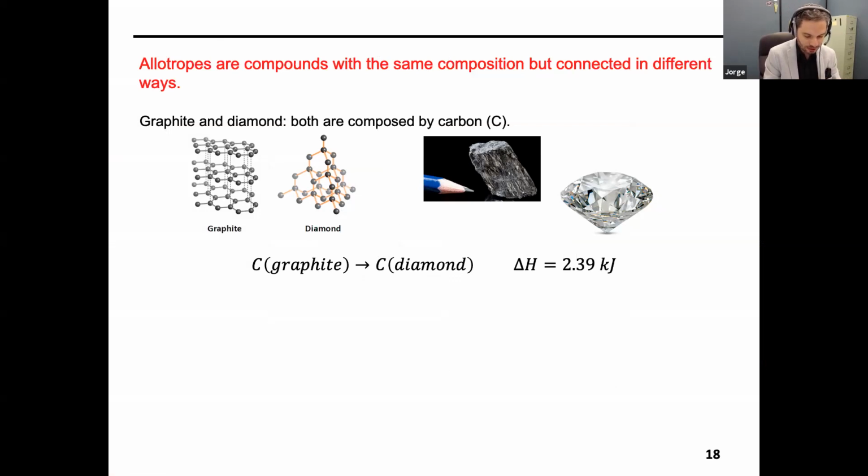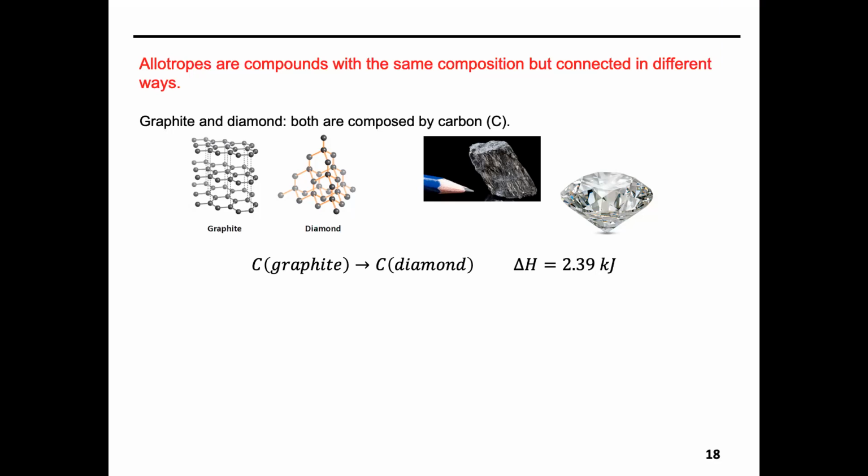And just in here is a better definition of allotropes. You may have an allotrope when a compound is formed only by one kind of element. So graphite and diamond, they are formed only by carbon, therefore the nomenclature allotropes.